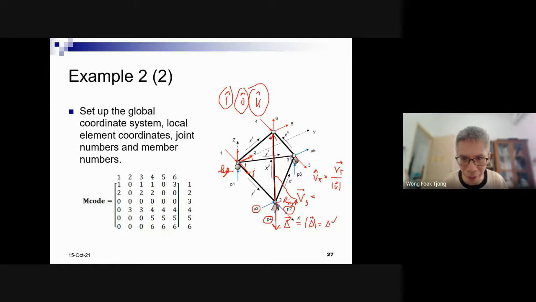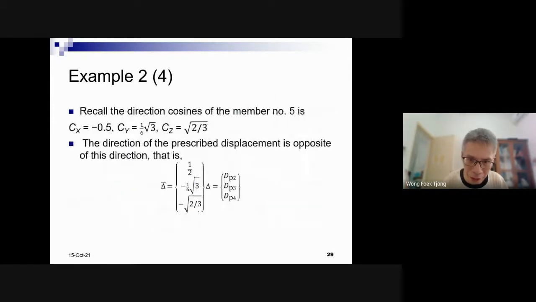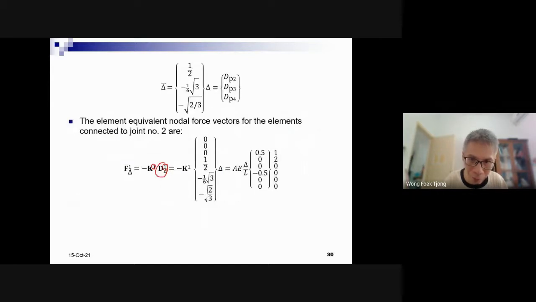If we have an arrow like this, the right end is located here. So this number should go to here, not in here. This is all 0 because it's an inactive degree of freedom. Is it clear? Any questions?